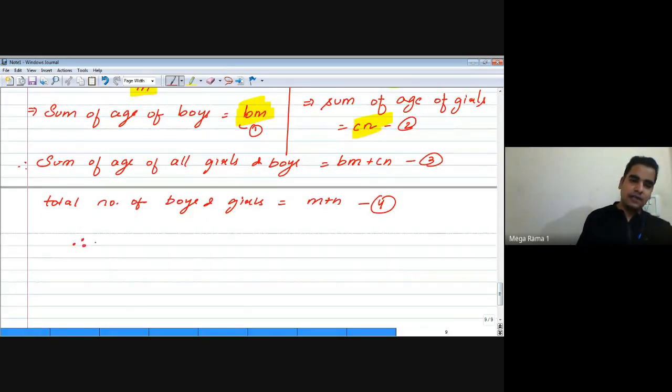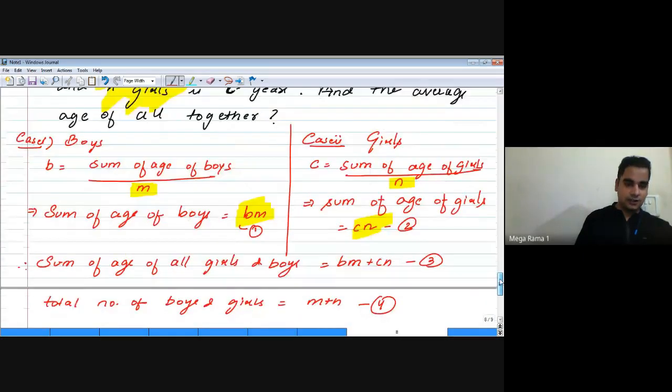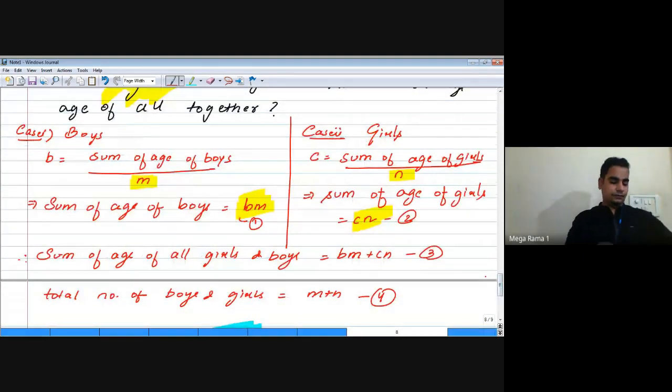Therefore, what will be the mean? Mean will be equal to BM plus CN divided by M plus N, because BM plus CN represents the sum of ages of boys and girls, and M plus N represents the total number of boys and girls that we have. So you can note the solution now. The color is not changing.